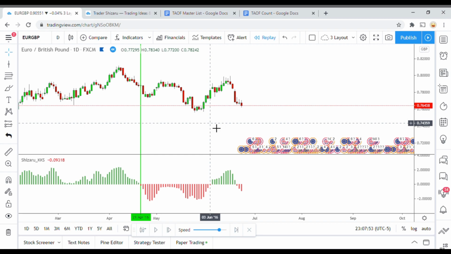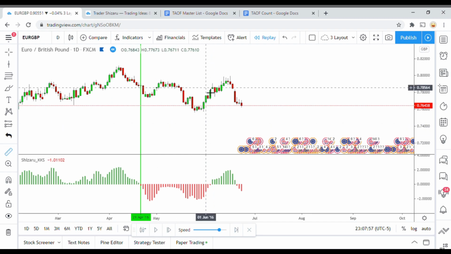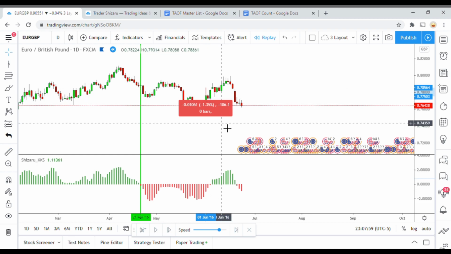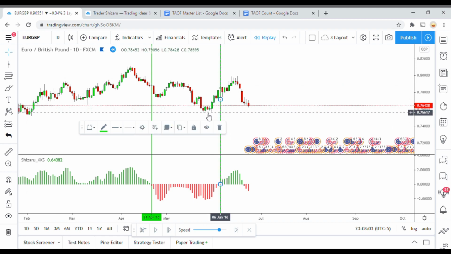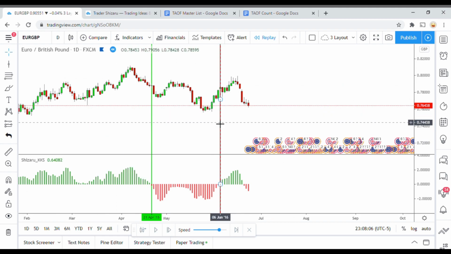Let's check this one out. Looks like right here on this one, I'm afraid we would have gotten stopped out right there. Yes, unfortunately we would have gotten stopped out on that one.